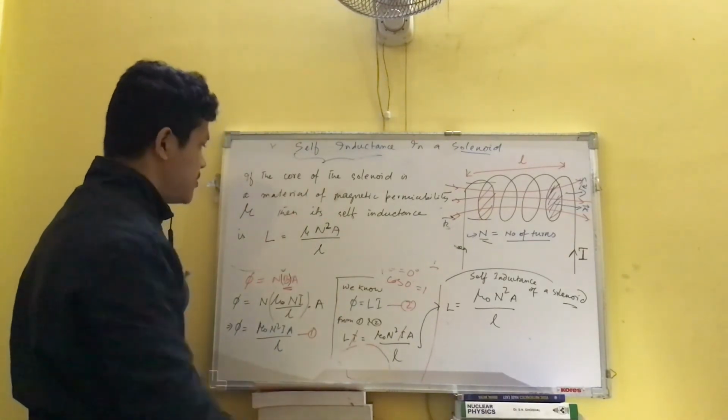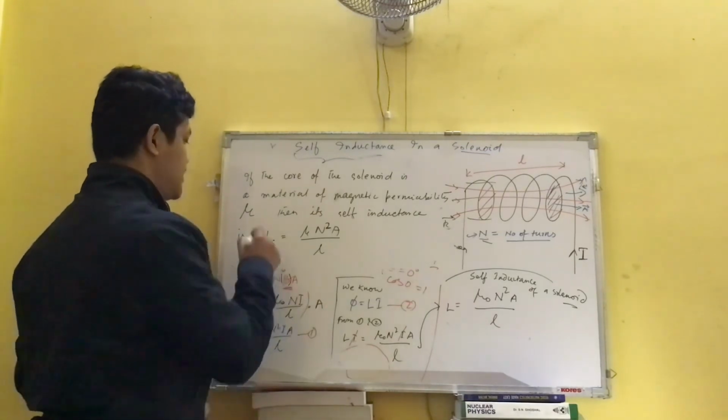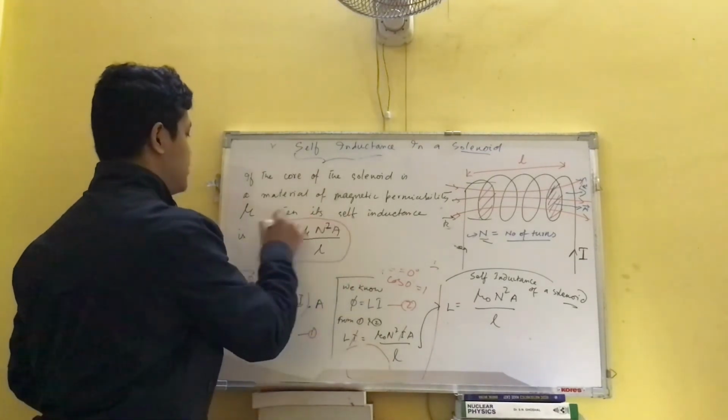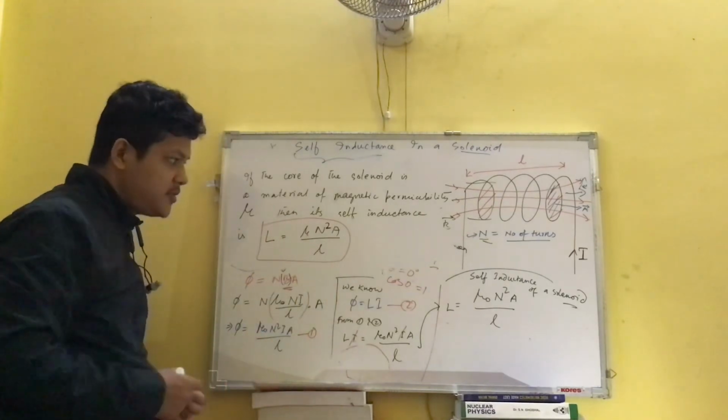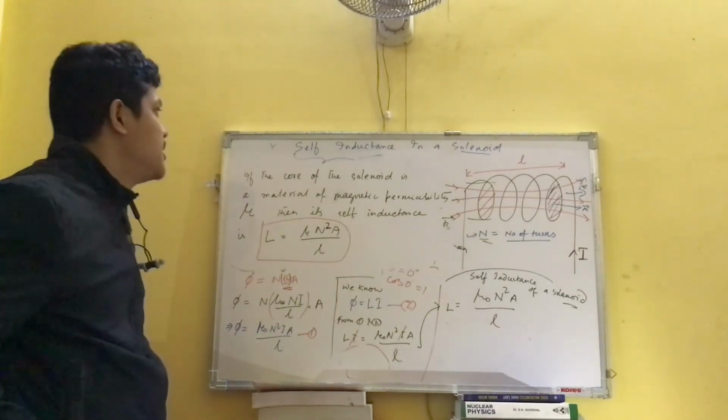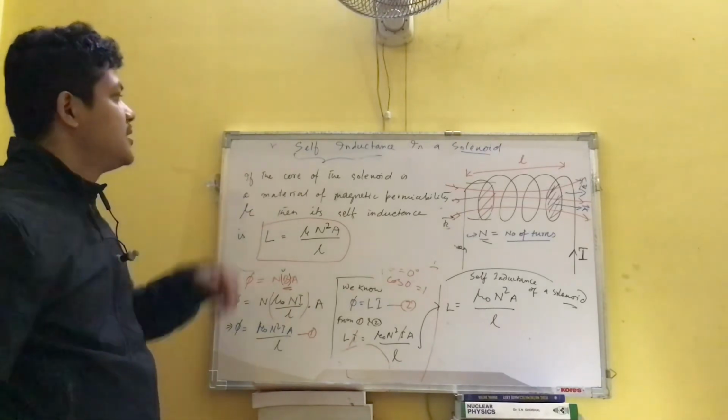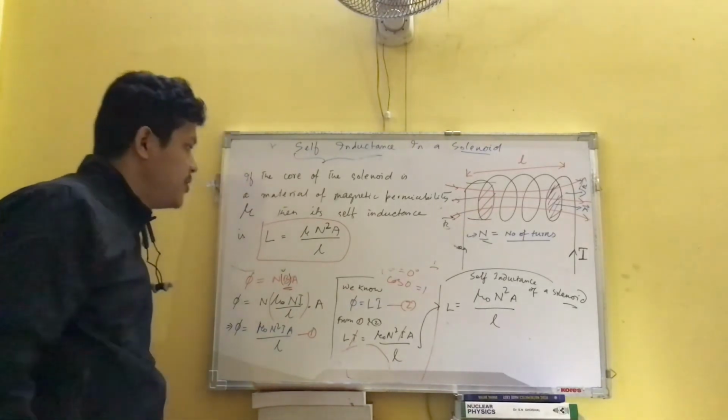So this is the formula if the core is of any material with magnetic permeability mu. So this is about self-inductance of a solenoid. Hope you have understood this.